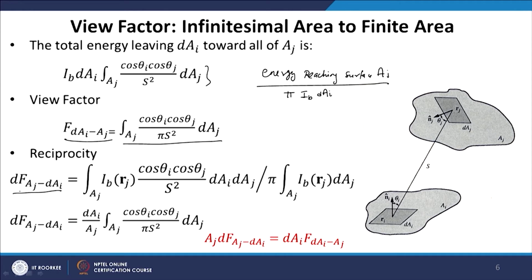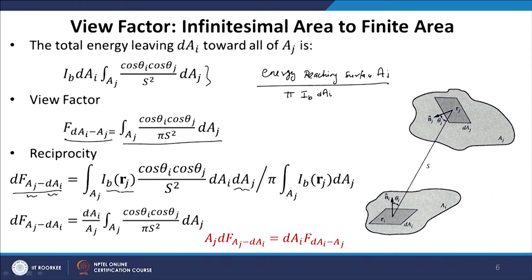So, we write dF from the entire area Aj to small area dAi is equal to the amount of energy emitted from the surface, integrated over the entire surface Aj.